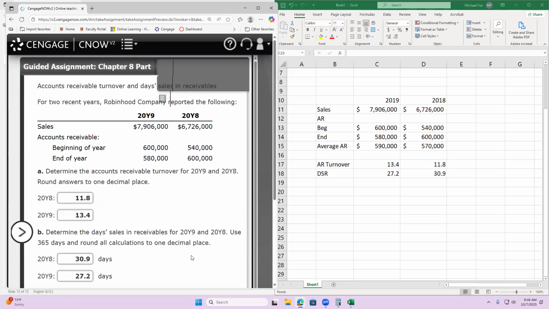So when I convert accounts receivable into cash by collecting, I have taken an asset that is less liquid, less usable, and turned it into an asset that's more usable. So typically speaking, we want a higher accounts receivable turnover, more sales relative to what's owed to us, and a lower days sales in receivables.